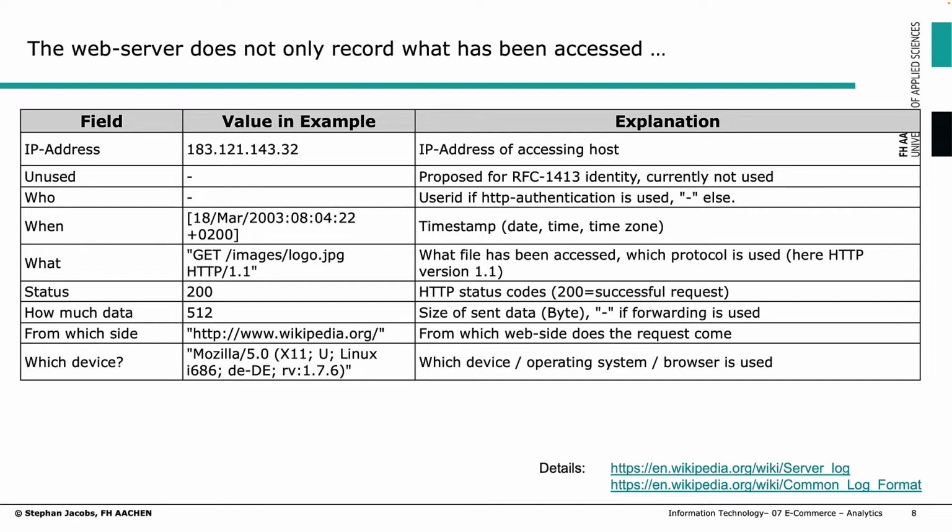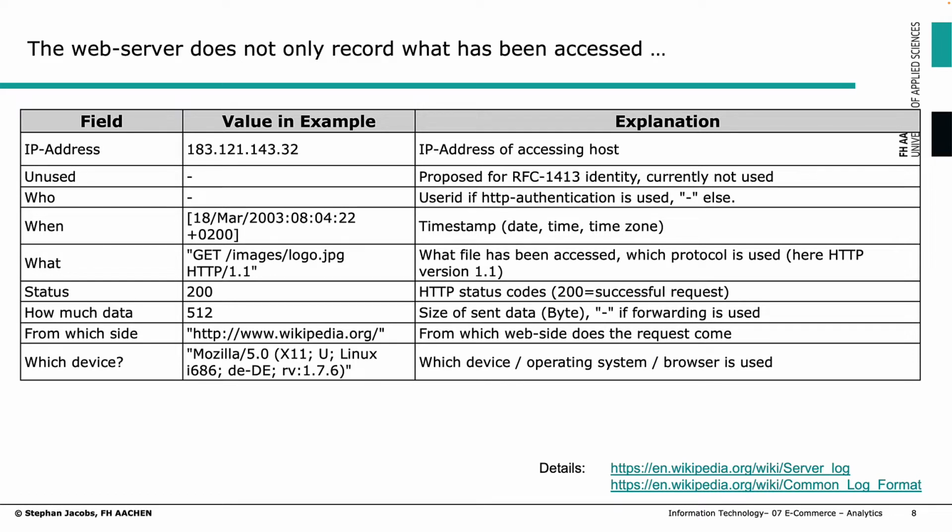Now, the last two parameters are of interest. So the first one is from which site a client is coming. In this case, you can see it's www.wikipedia.org. So maybe there has been a link from Wikipedia to the page the request has been sent to.